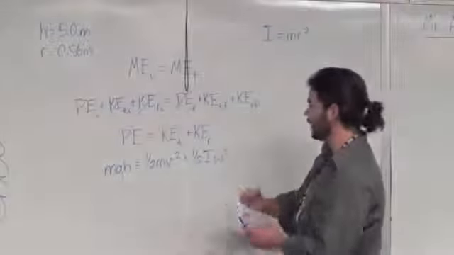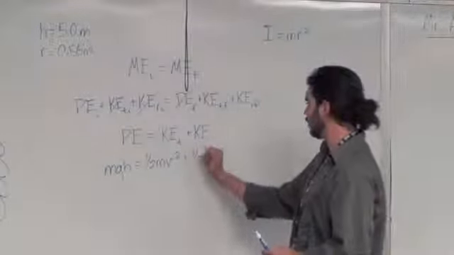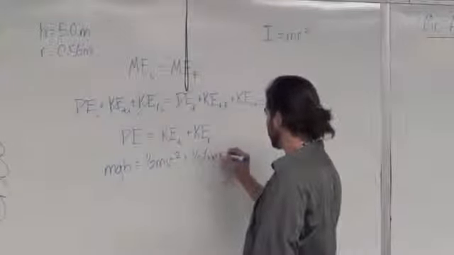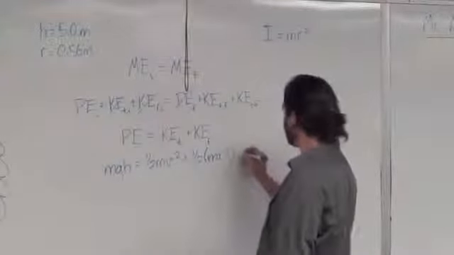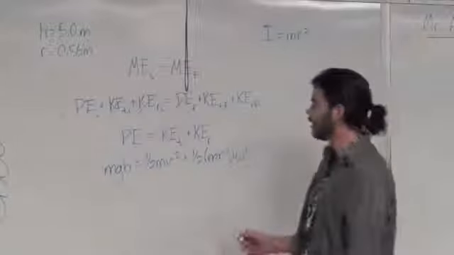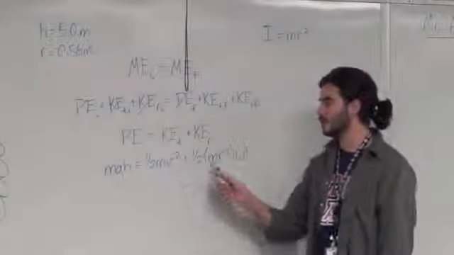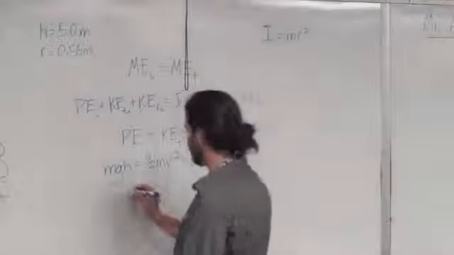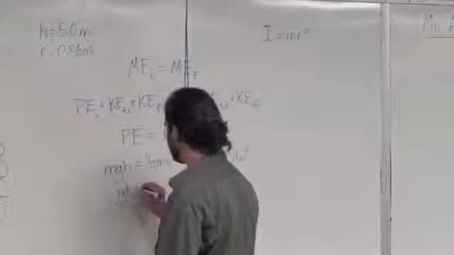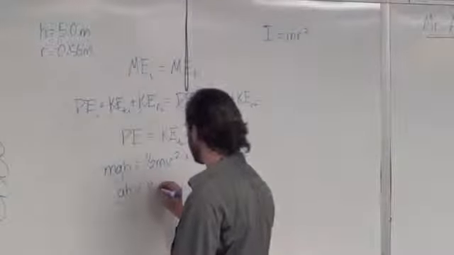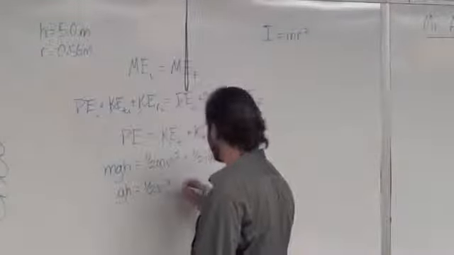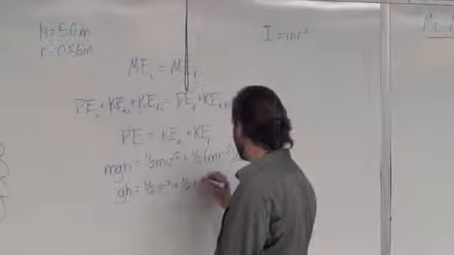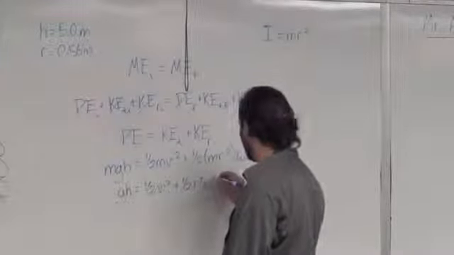So we're going to just replace I here with mr squared, and that's still times omega squared. Now there's an m in each term, so if we divide everything by m, all of the m's just cancel out and you end up with g times h equals 1/2 v squared plus 1/2 r squared omega squared.